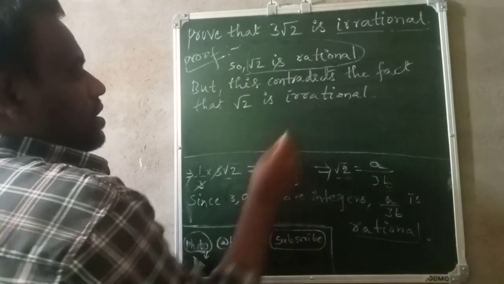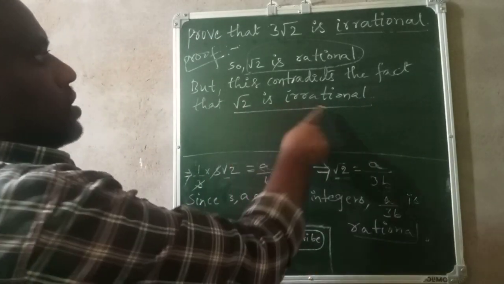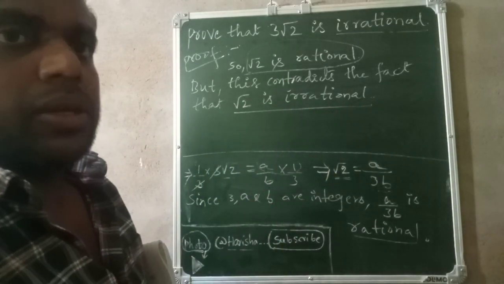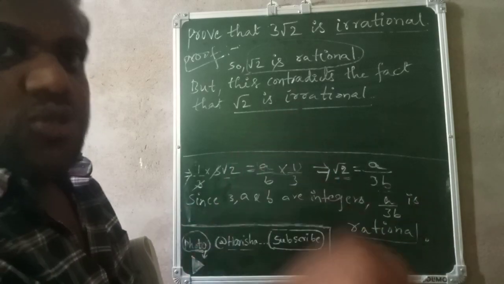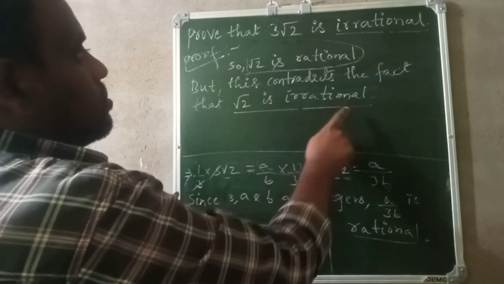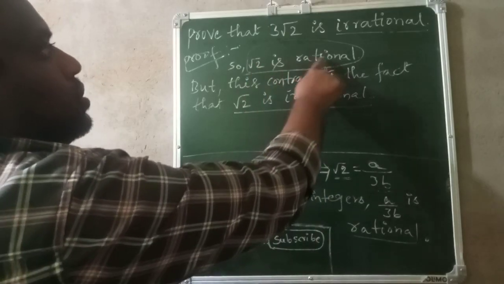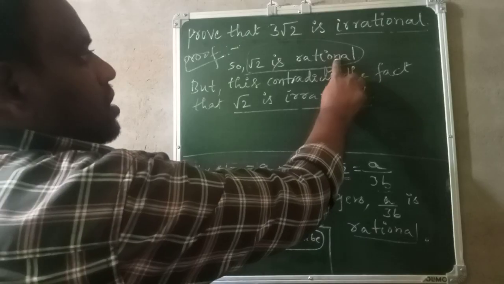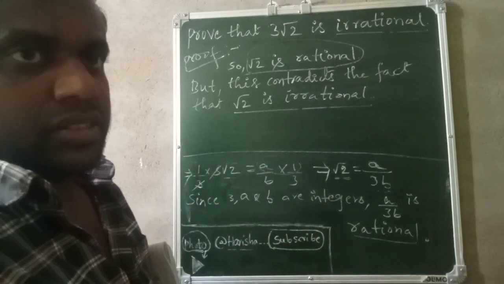So what is the meaning of this sentence? We all know that root 2 is always an irrational number, but we got the reverse, opposite to this. Instead of root 2 is irrational, we got root 2 is rational. So rational is opposite to irrational. Correct? Opposite or reverse.